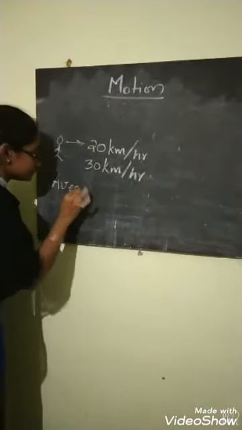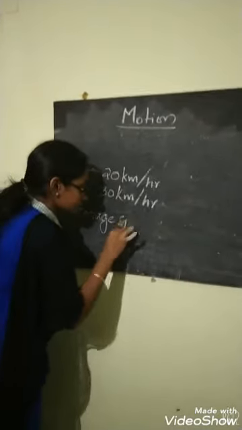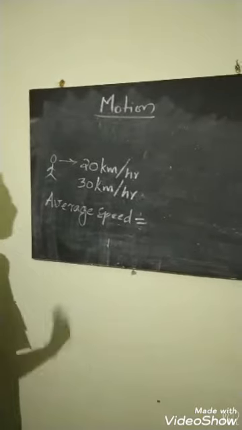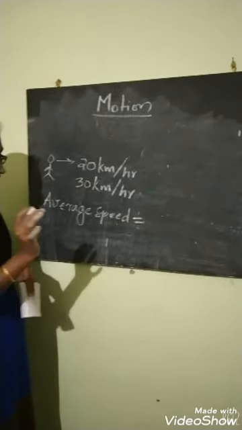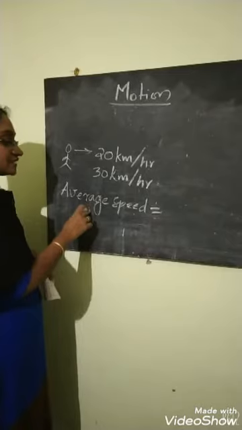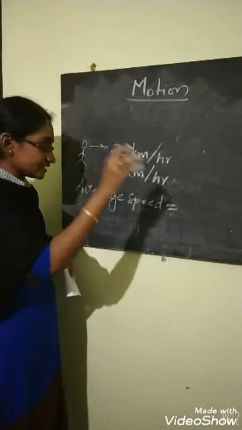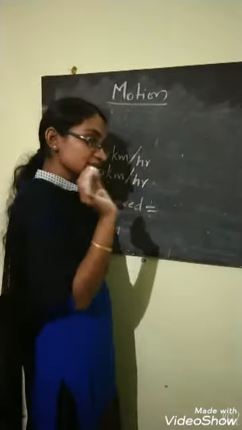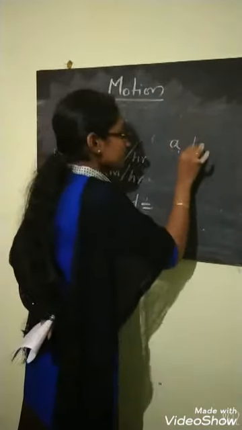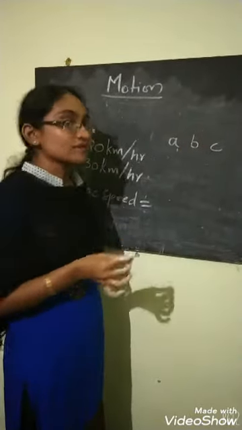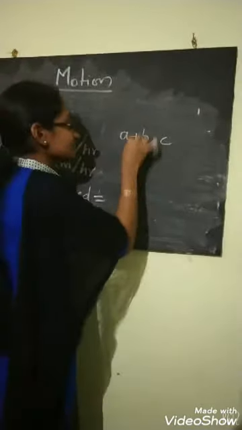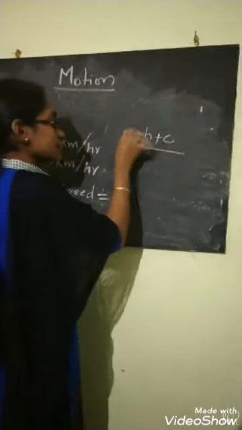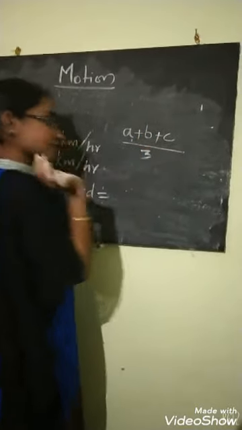Average speed equal to, in this problem, how do we find the average? In general cases, we find average by adding the quantities and dividing by the number. For example, if we have 3 samples A, B and C, we just add these components and divide by the number, 3.